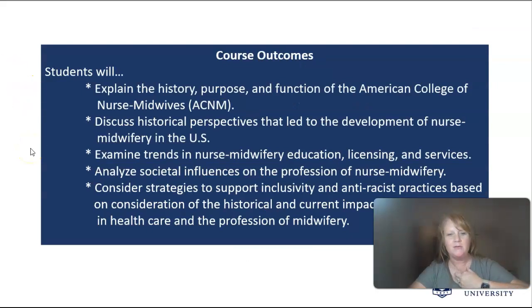The goals are for the students to explain the history, purpose, and function of the American College of Nurse Midwives, or the ACNM, discuss historical perspectives that led to the development of nurse midwifery in the United States, examine trends in nurse midwifery education, licensing, and services, analyze societal influences on the profession of nurse midwifery, consider strategies to support inclusivity and anti-racist practice based on consideration of the historical and current impact of discrimination in healthcare and the profession of midwifery.